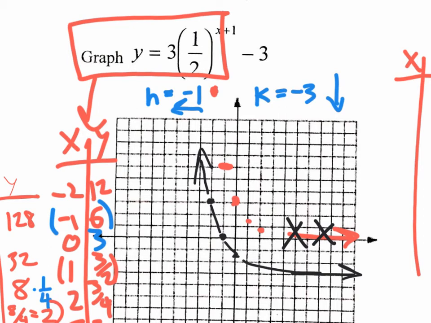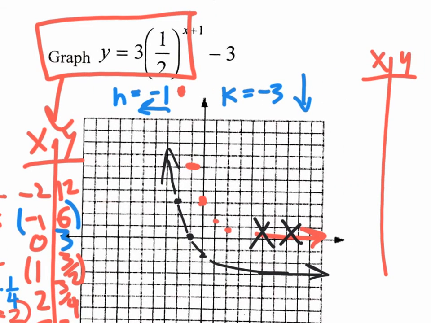Now, of course, you could actually avoid all this h and k shift if you wanted to plug in 0 into the whole thing. Plug in 0 right here, you're going to get 0 plus 1, which is a 1, right?